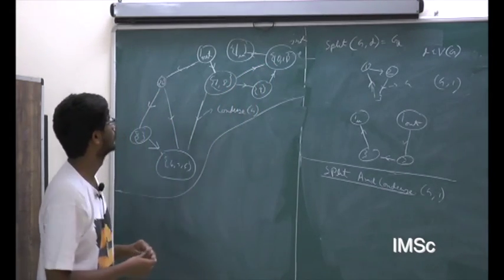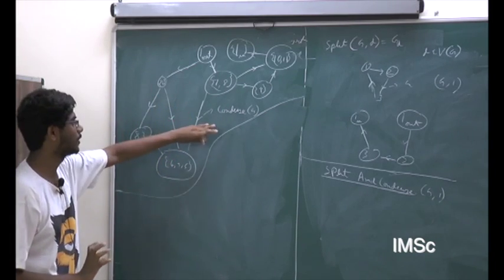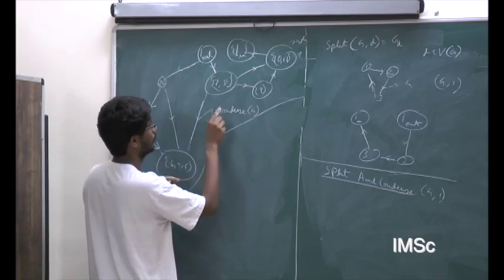So now this is again a DAG. So this DAG is called split and condense of G.